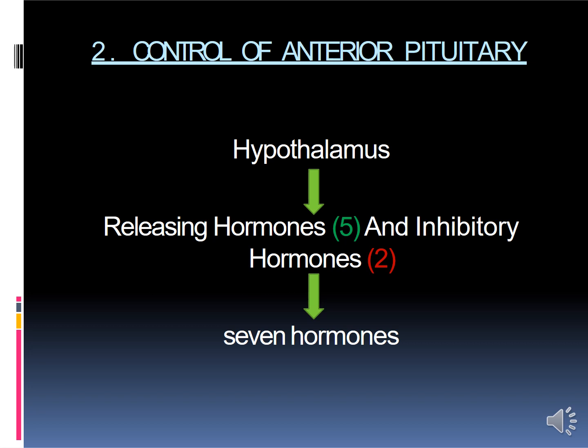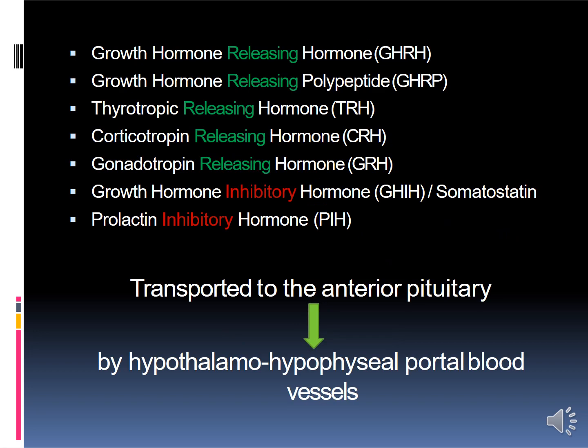How does it control the anterior pituitary? The hypothalamus secretes releasing hormones, five releasing hormones and two inhibitory hormones, which in turn control seven hormones. The releasing hormones are growth hormone releasing hormone, growth hormone releasing polypeptide, thyrotropin releasing hormone, corticotropin releasing hormone, and gonadotropin releasing hormone.